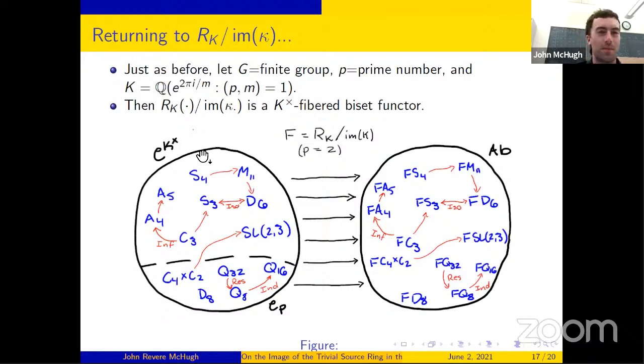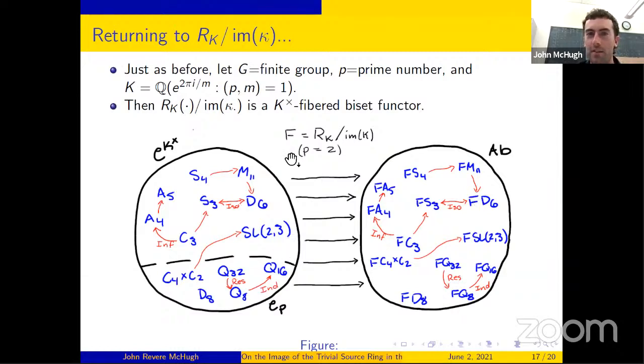And I know I went through that quickly. So if none of that made sense, here's the picture I have in mind. I'm interested in computing this quotient, and now I'm viewing it as a fibered biset functor. So it's a functor defined on the K cross fibered biset category. The objects are all of the finite groups. There are morphisms between the groups that represent the normal operations from representation theory.